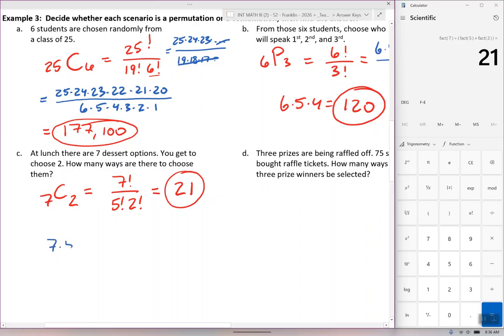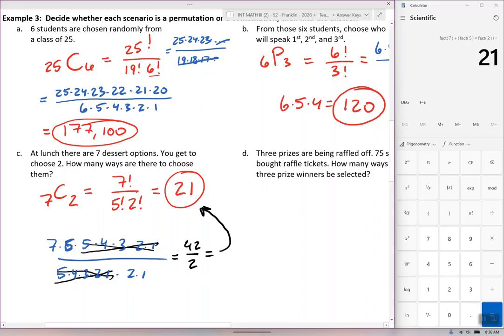I'd have 7, 5, forgot 6, so we'll make that a 6, 5, 4, 3, 2, 1, and then we've got 5, 4, 3, 2, 1, and then 2, 1. So again, the 5 factorial cancels out most of that 7 factorial. So I end up with 7 times 6, which is 42, over 2, which is 21. So as long as you type it in correctly, your calculator will do these factorials for you.